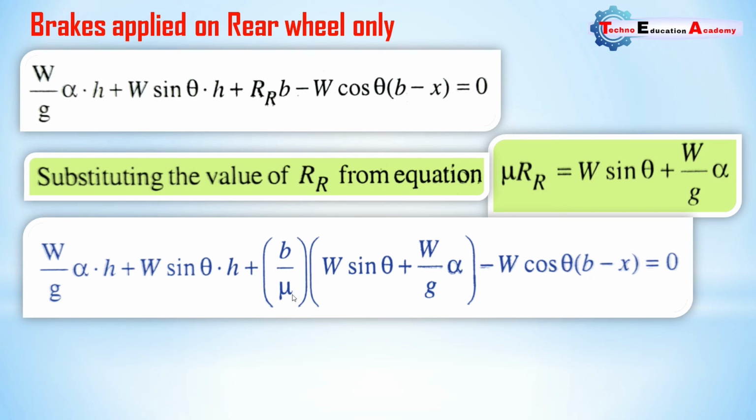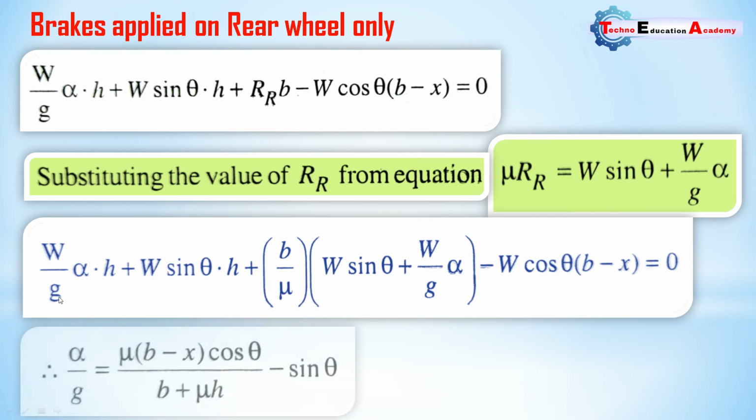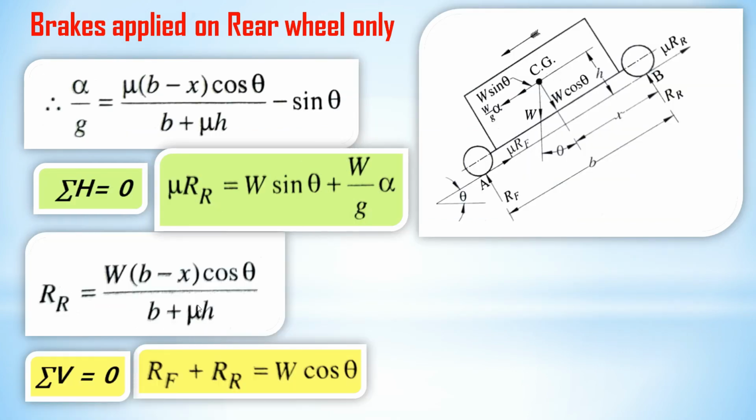Further, we simplify this equation, and whenever we cross multiply mu with this term, we get this equation. You can derive this equation the same as whatever we derived in the previous slide. Now we will put the value of alpha by g in this equation, by the same procedure we followed in the previous slide, by cross multiplication.